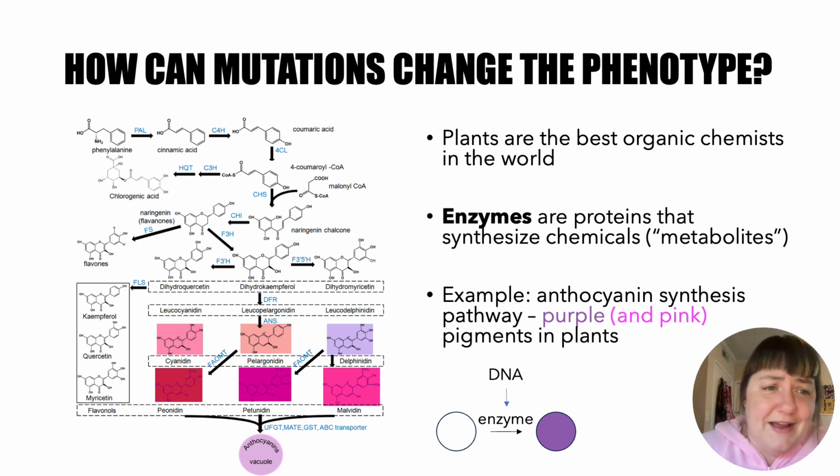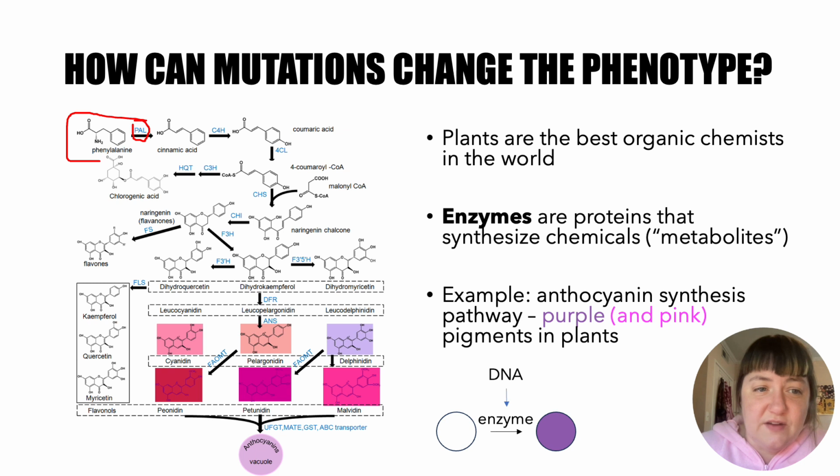Here's a diagram. This shows how anthocyanins are made. So it's the anthocyanin synthesis pathway, and anthocyanins are purple and pink pigments in plants. It's definitely hard to read these diagrams, but the starting material is phenylalanine, which is an amino acid. Each one of these arrows is a synthesis step, and each one of these blue symbols is a gene.